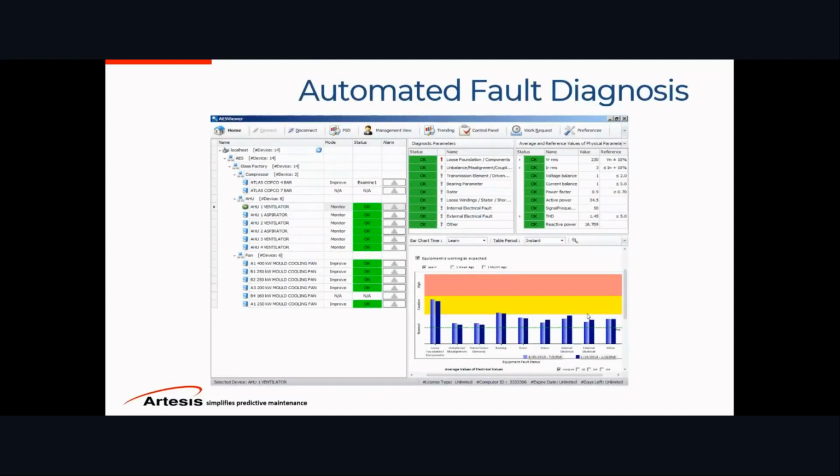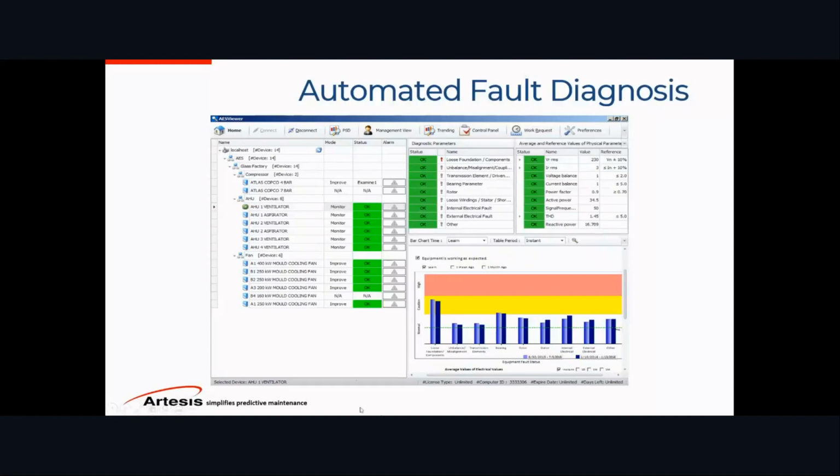Now, when you see an issue, of course, you want to dive deeper and see what's going on. And this is really where this technology excels, by giving you this automated fault diagnosis information. When you have an issue, you can look here and see these bar graphs giving you the indication of where the faults are.